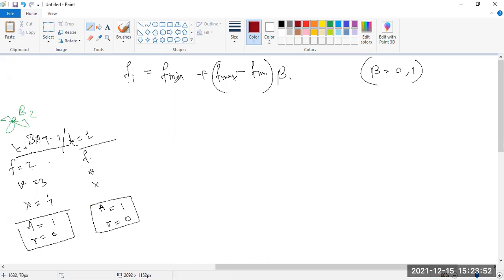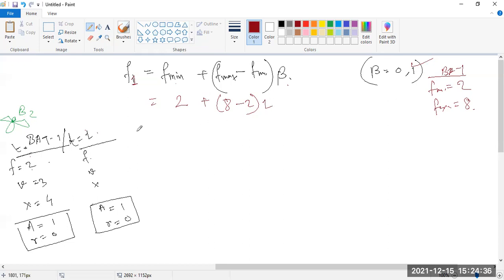So the frequency will be changed between the minimum and the maximum. For bat 1, this frequency will be given to you in your question: the minimum frequency for bat 1 is 2, and the maximum frequency for bat 1 is 8. The bat can be adjusted within this frequency range, otherwise not. So the next frequency, for iteration 1: minimum is 2, maximum is 8, minus minimum 2, times beta, which is 1 since it is changing its frequency.